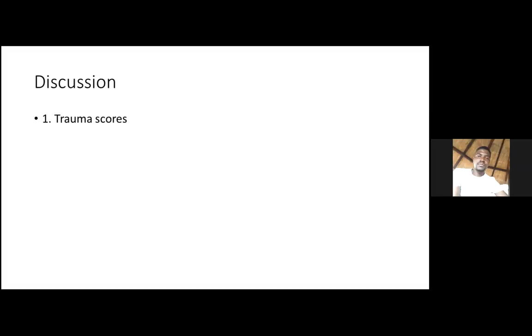So we use trauma scores to try and prognosticate our trauma patients. The commonly used trauma scores would be the injury severity score, and nowadays the new injury severity score.